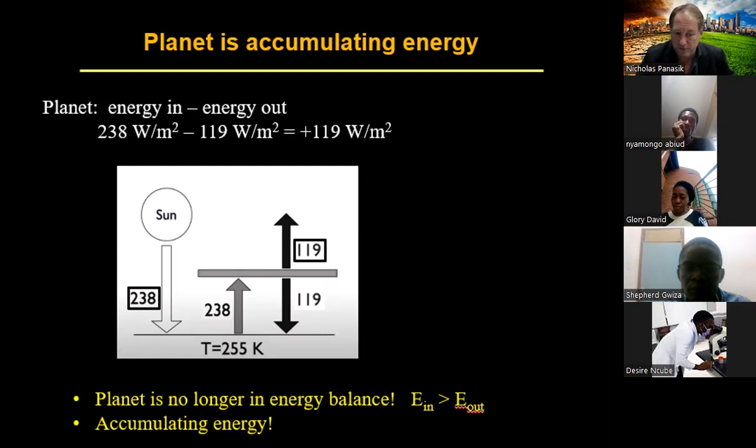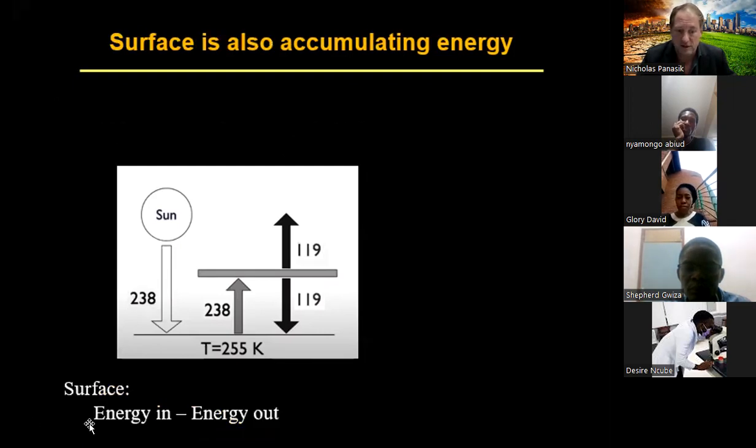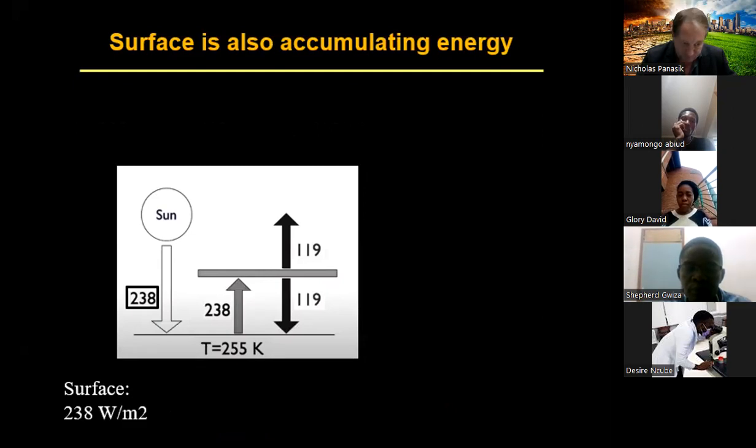Now we can look at the surface too. So if we look at the surface, we want to see energy in minus energy out. And so our energy in is 238, right? But it's also this other feature here that's also coming in energy to the surface now.